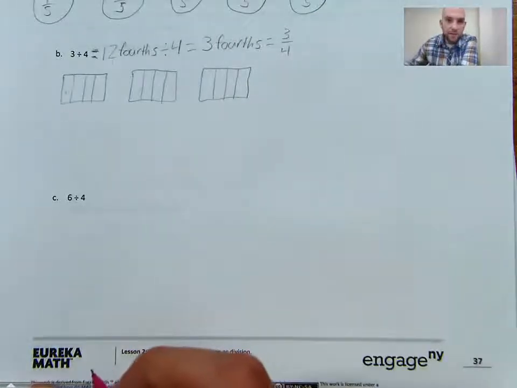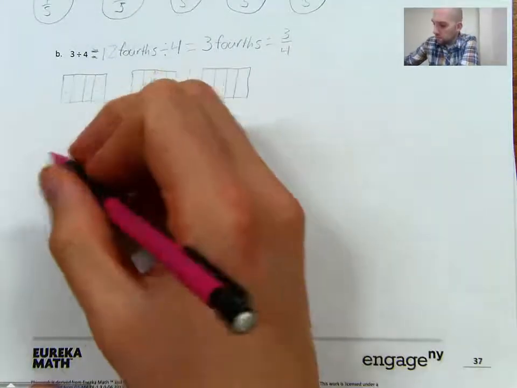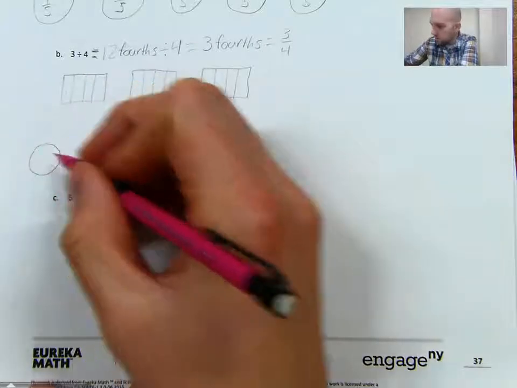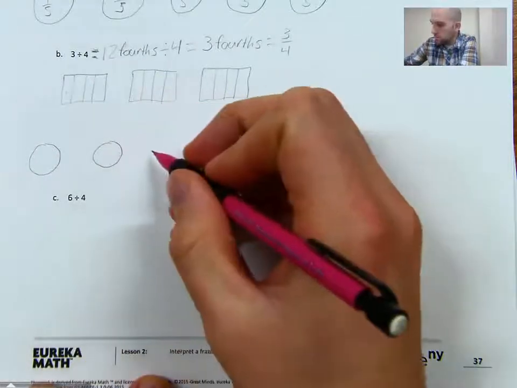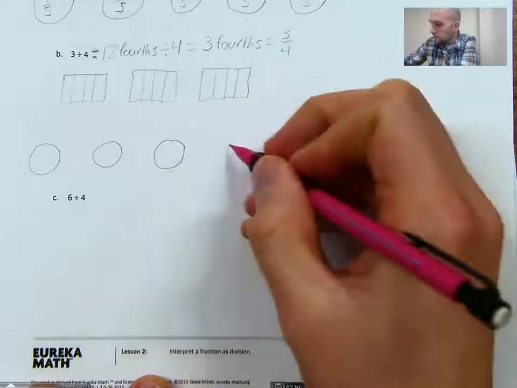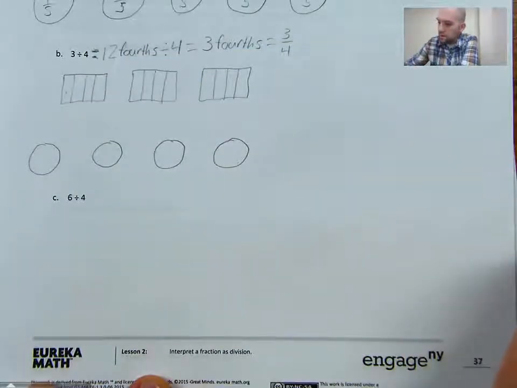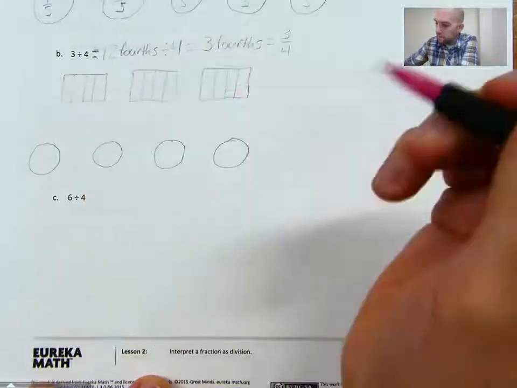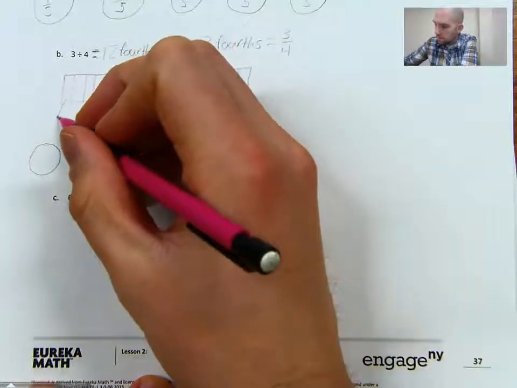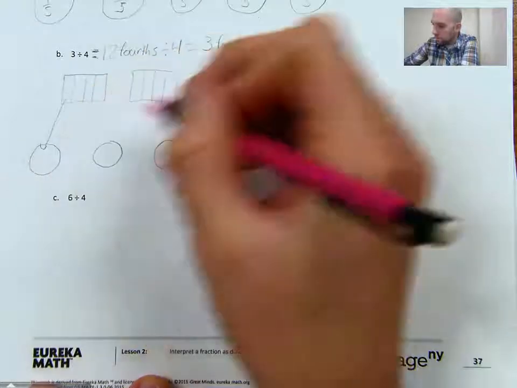So let's divide. We have 3 wholes, and we're putting those into 4 groups. 1, 2, 3, 4 groups. And if I started to divide everything out, I would do 1/4 here.